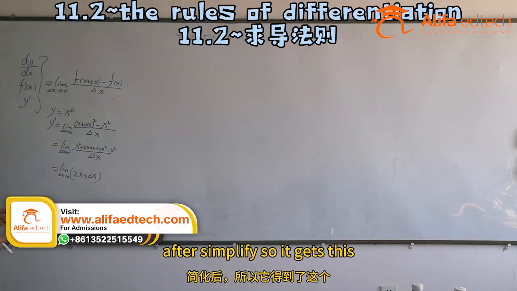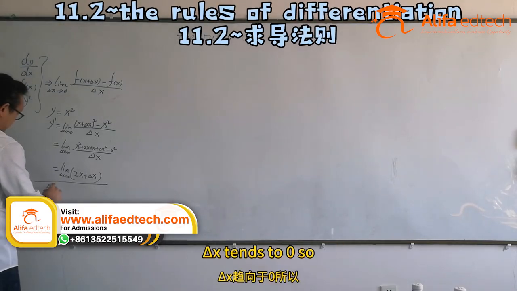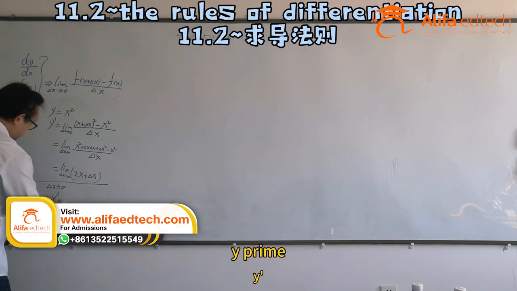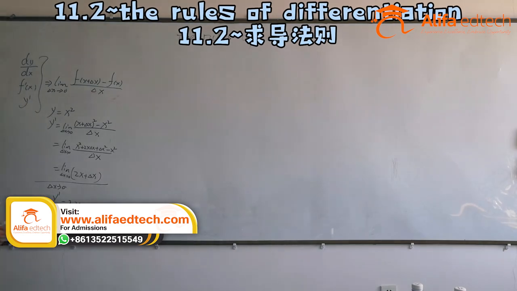After simplifying, we get this result. Delta x tends to 0, so y prime equals 2x.